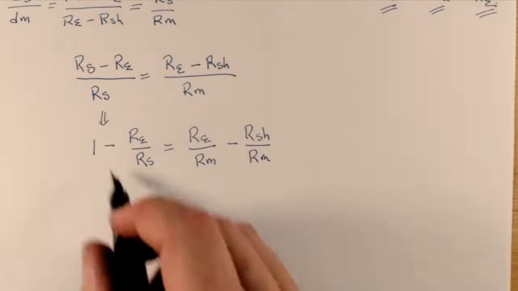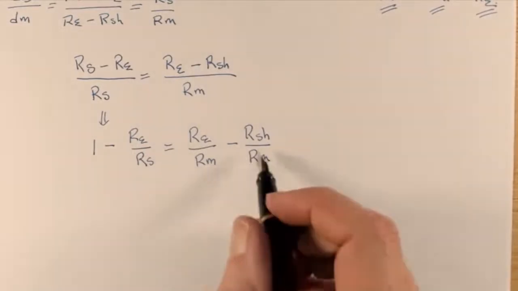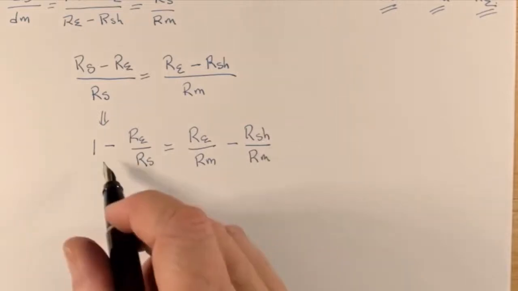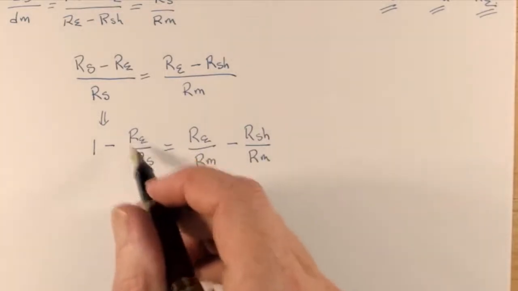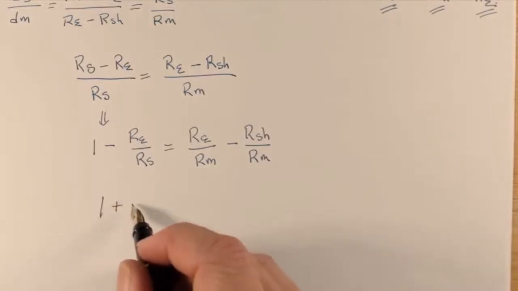Now, the next thing that we can do is let's get rid of these negative signs. So let's add this term to the left side, and we'll add this term to the right side. We end up with something that looks like this.